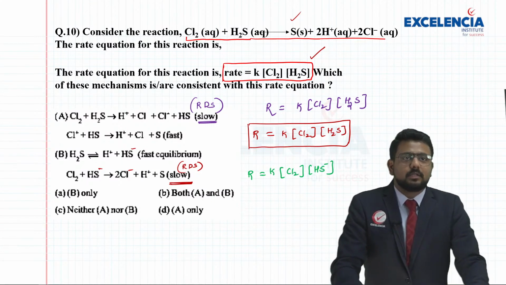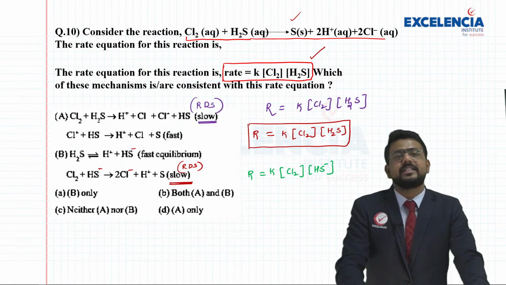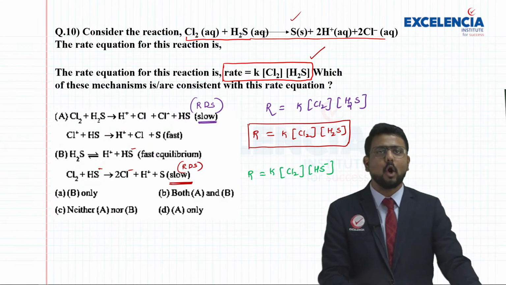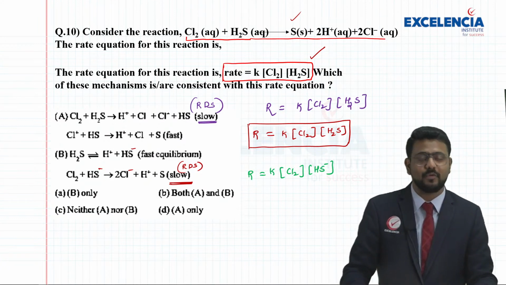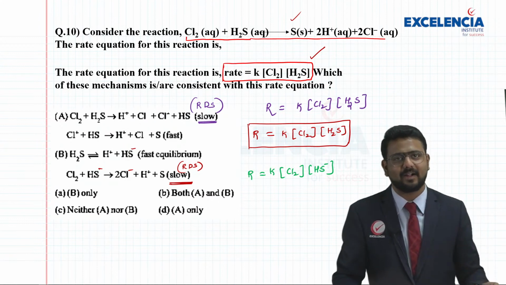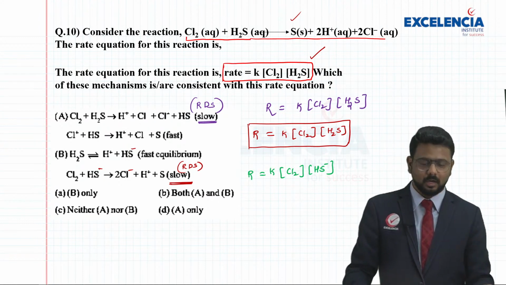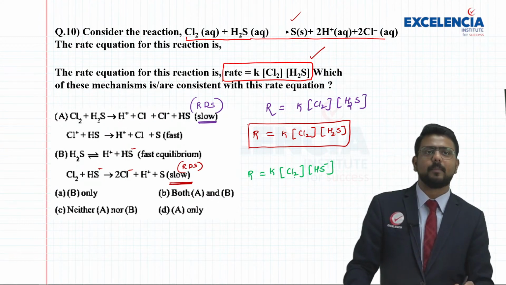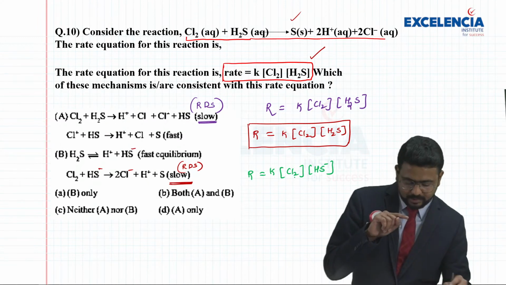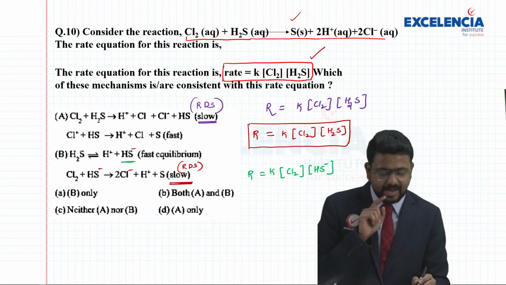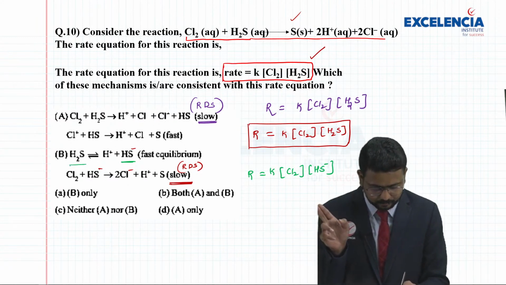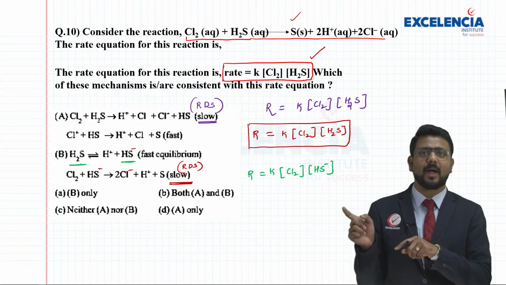But the problem here is HS- is the intermediate, a reaction intermediate. And a reaction intermediate cannot be a part of the rate equation. We have to write the rate expression in terms of the reactants itself. So Cl2 is fine here, but you have HS- as well, right? Now, if you look at the first equation, HS- can be correlated to H2S here, isn't it? And what is the ratio of HS- with H2S?